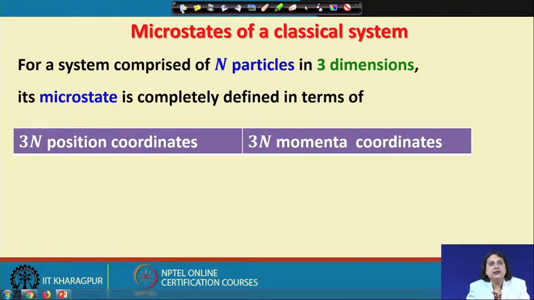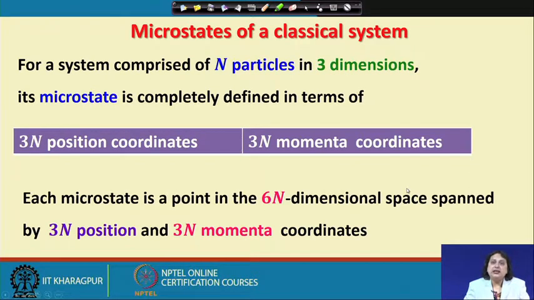And therefore, the basic idea is that when I have a system like this, each microstate is specified by attaching a value to each of these 3N position coordinates and 3N momenta coordinates. For another microscopic state, there will be different values of these 3N position coordinates and 3N momenta coordinates.